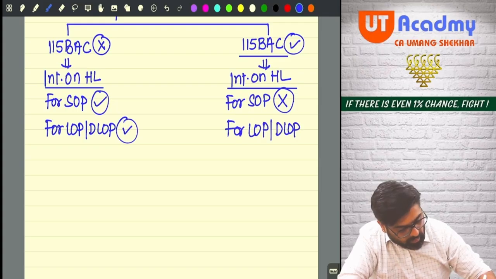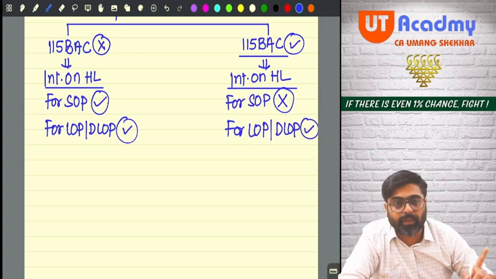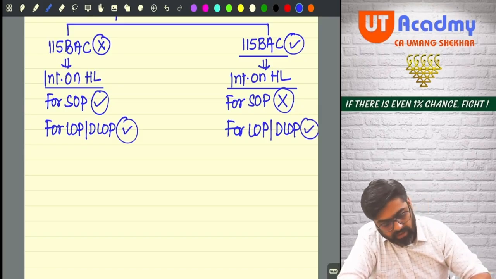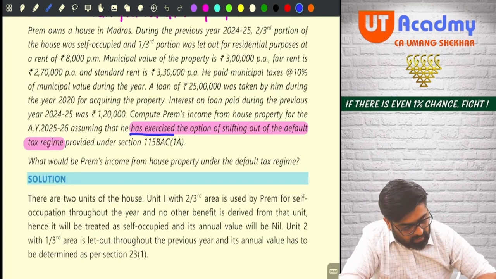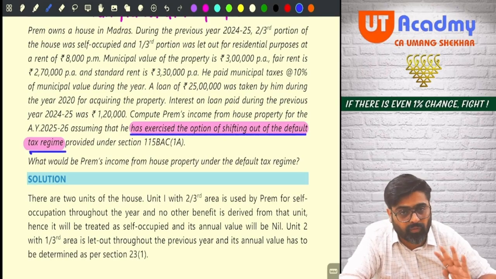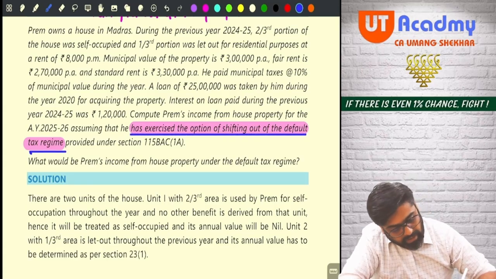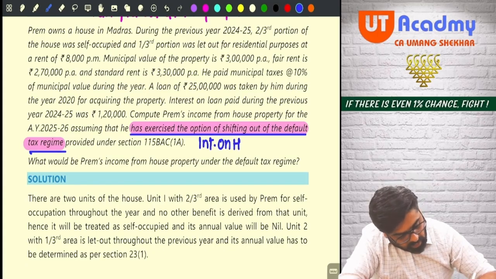Here there will be no problem. But SOP interest will not be allowed if he is following what? 115 BSE. So now tell me in the question what they are saying. They are saying that he has exercised the option of shifting out of 115 BSE. Shifting out of default tax regime means he is not following 115 BSE. Will he be able to claim interest on housing loan for SOP? Will he be able to claim it? Yes.